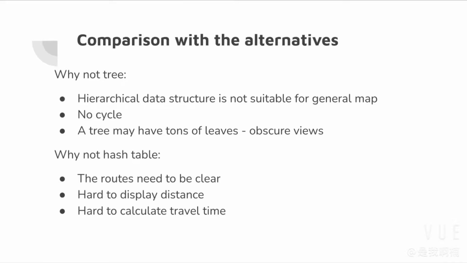Also, from the satellite view, it obscures the streets and landmarks below it, so it blocks out a great deal of the view. For the hash table, the rules are internal, so it's not clear how to find the rules, and it's very hard to display the distance and calculate travel time.